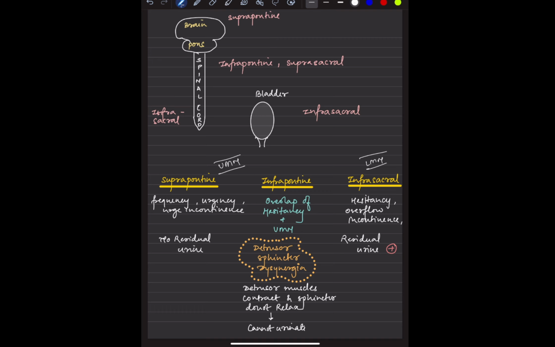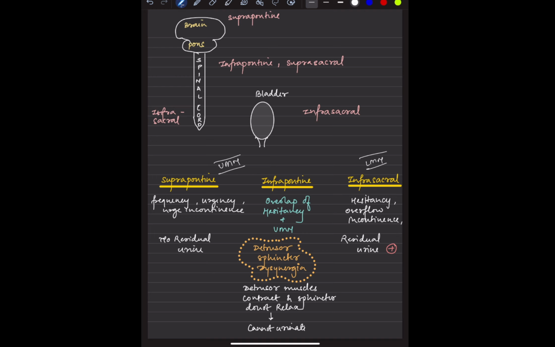But when it comes to the in-between part, that is infrapontine, there is a UMN and LMN element overlap. This is because we have the sphincter and then the detrusor muscle, and they should be working together. If there is a contraction of the detrusor muscle, there should be a relaxation of the sphincter so that the urine comes out.